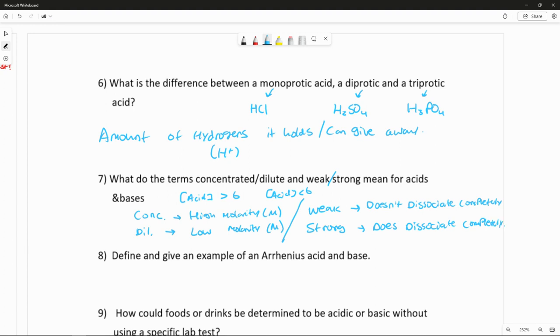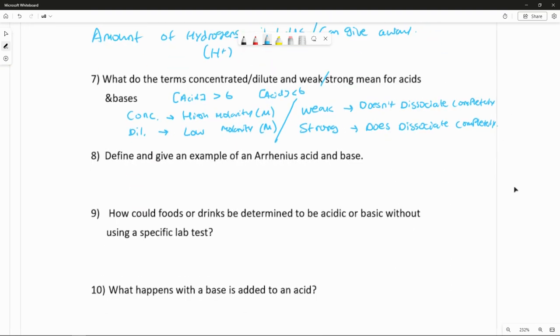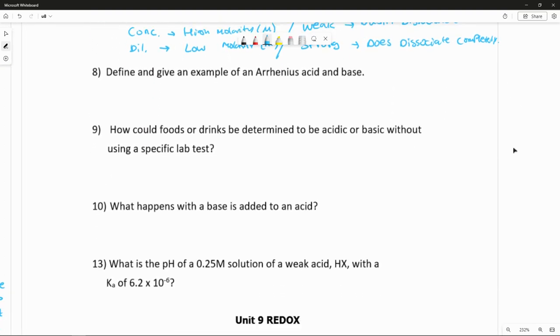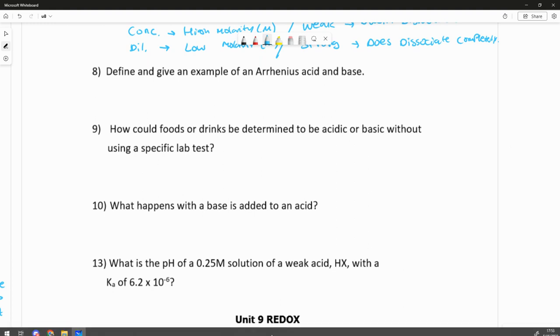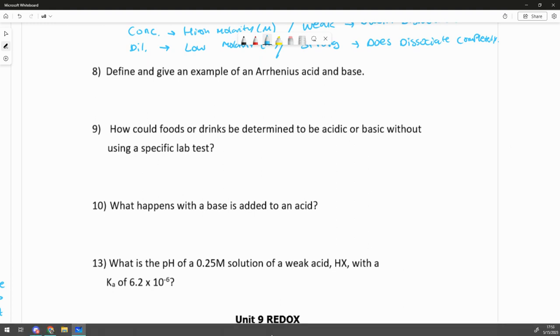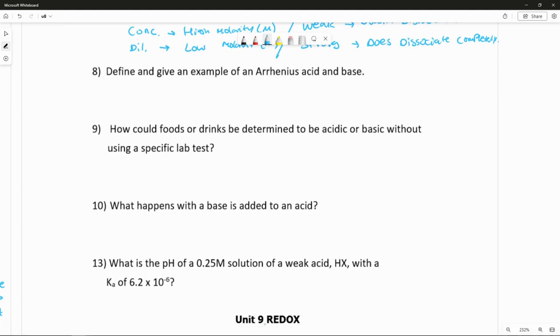All right. Define and give an example of an Arrhenius acid and base. This is question 8. So we know that there are 3 types of acids: Arrhenius acids, Bronsted-Lowry acids, and Lewis acids.